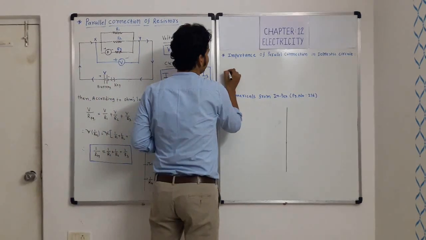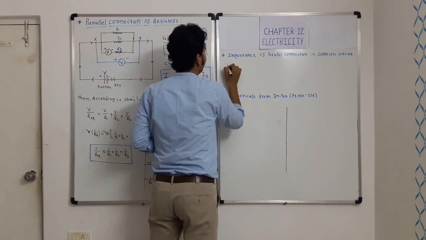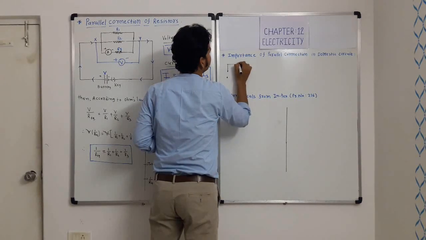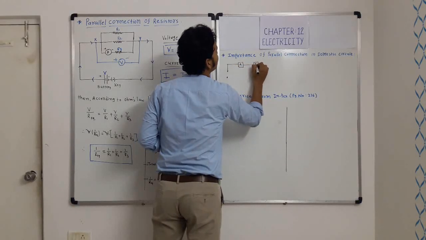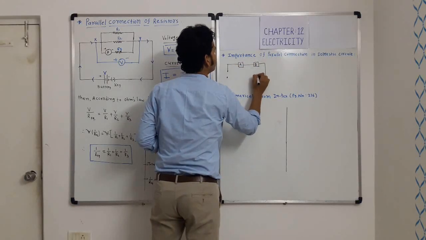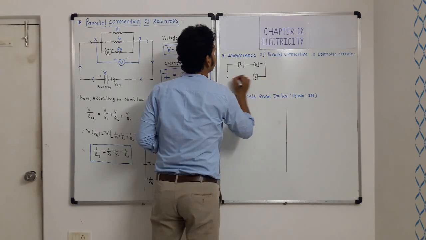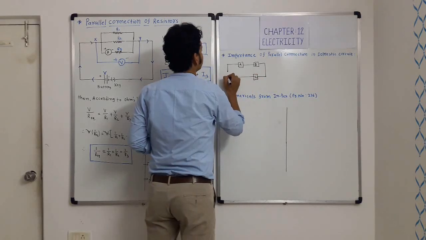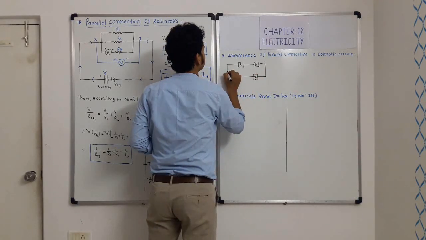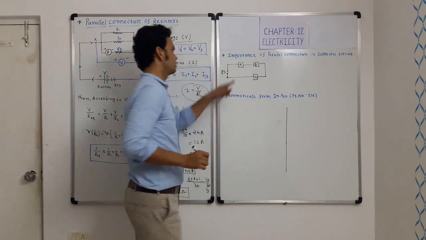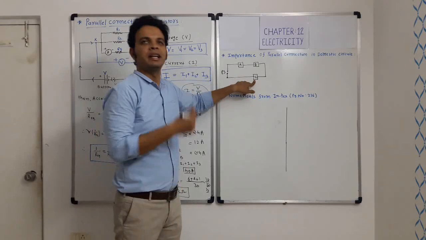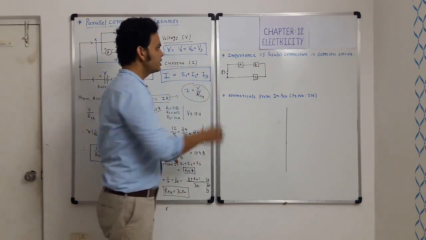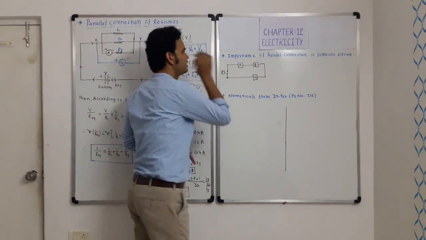Let's say this is the power supply and you have different appliances, A, B, C and so on. A could be your fan, this is a refrigerator, and this is some electric geyser or something. First of all, I have connected these in series.